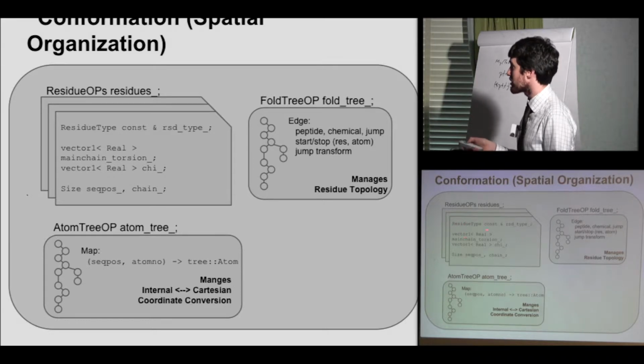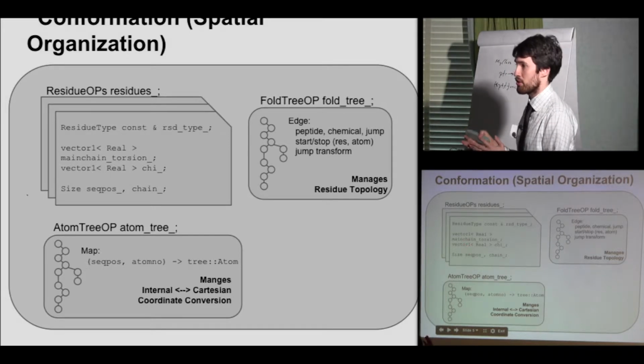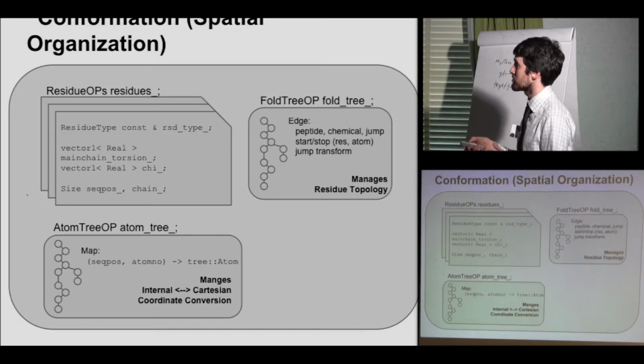It has a vector of reals, which are the main chain torsions. This is generally just 2 or 3. And then it has a vector of reals of the side chain conformation. This will be 1, 2, 3, or 0 for proteins, for instance. And then it has which sequence position it's at and the chain, which can be useful in certain contexts.